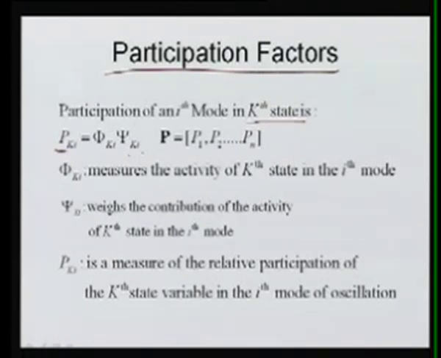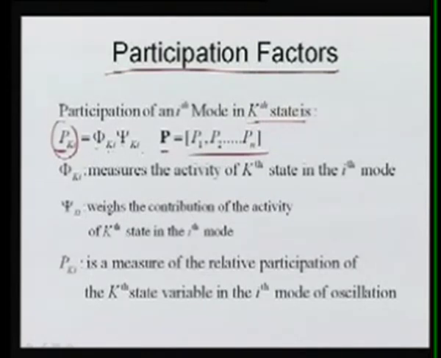For any kth state, we have n states, and for the ith mode we multiply phi ki into psi ki, then we get this element. There will be n modes, and P is your participation matrix.